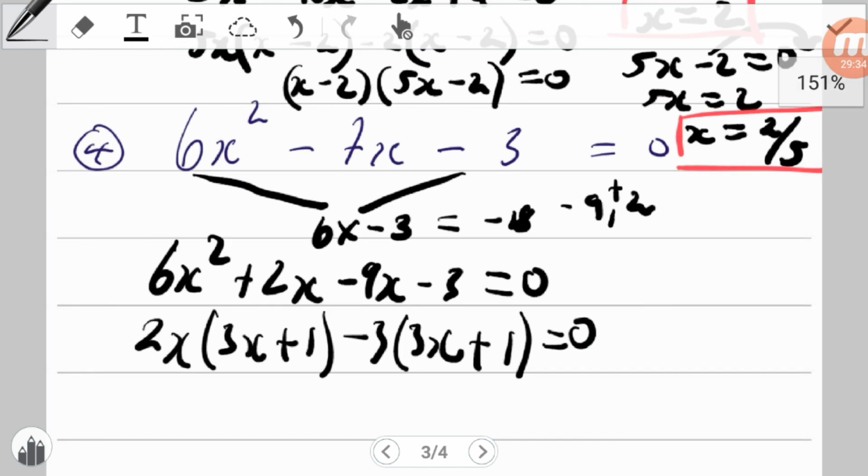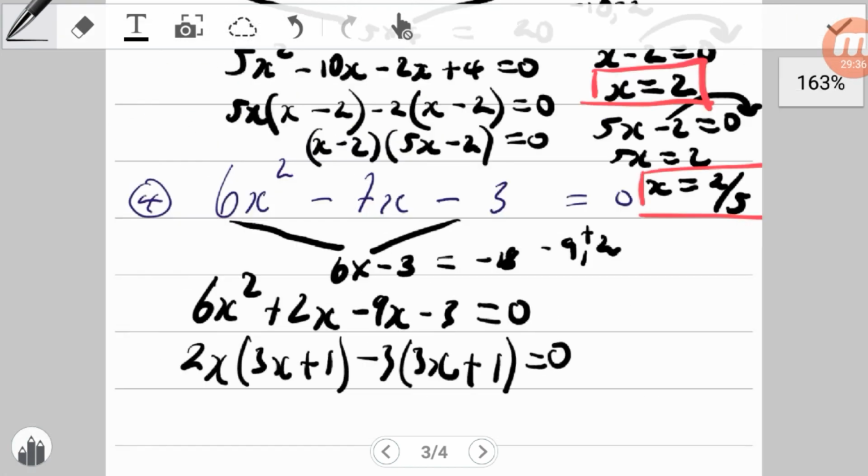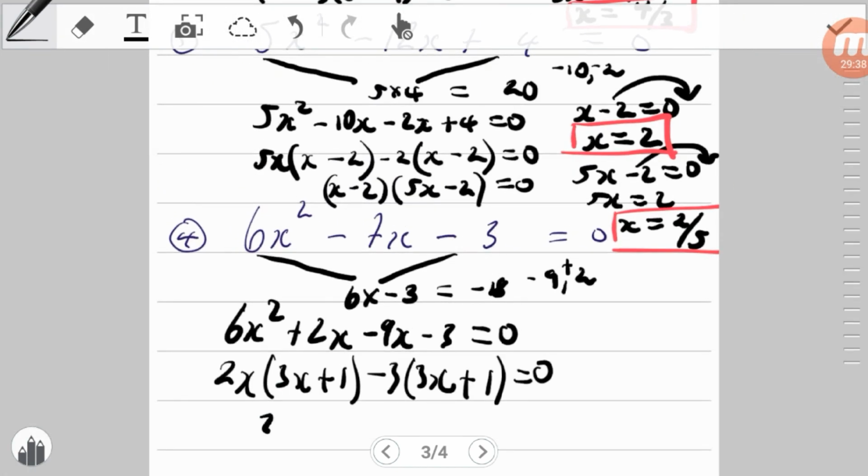So clearly now we end up with a pair factor that says here that it is 3x plus 1, that's the common factor, and the remaining factor here is going to be 2x minus 3, and that's equal to 0.